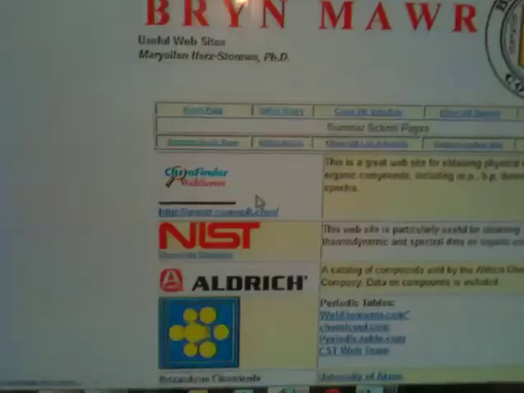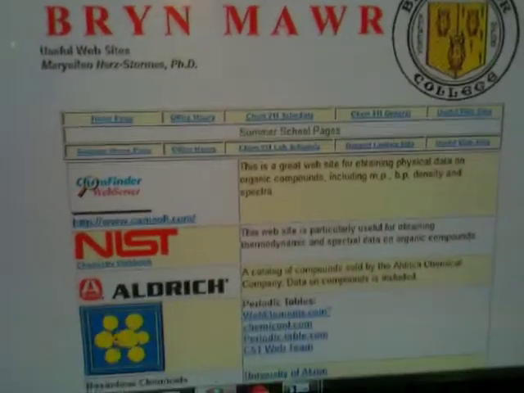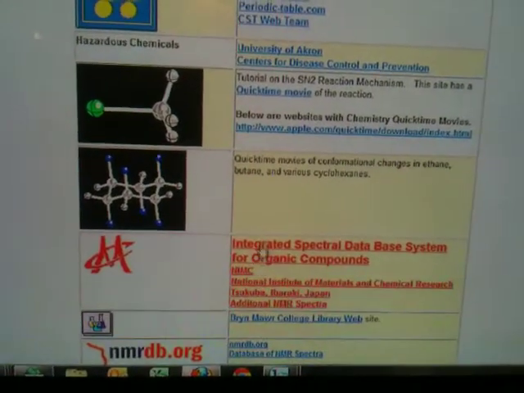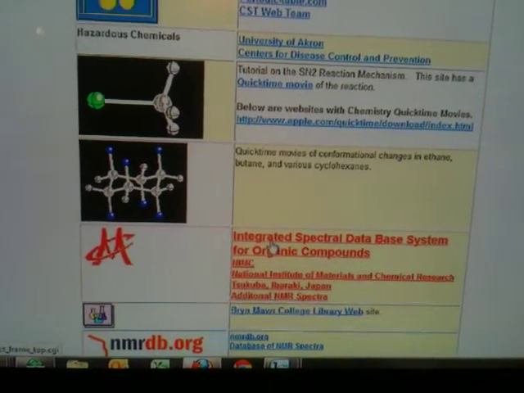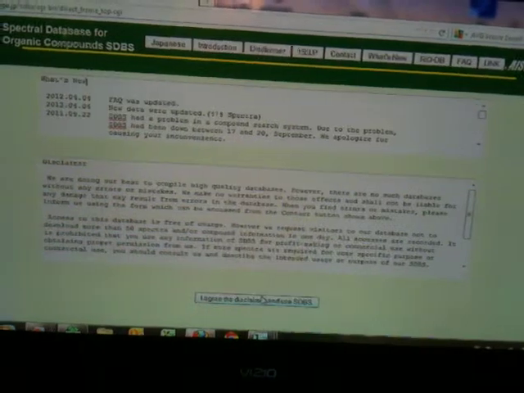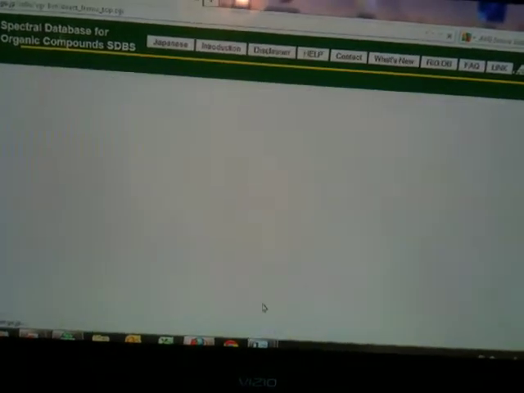We have this virtual library here. And one of the really good sites, and you're going to use this on this experiment, is the Integrated Spectral Database. I'm going to quickly agree to their disclaimer. I've read it many times, by the way.